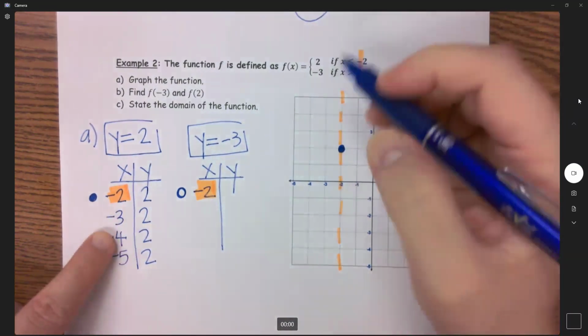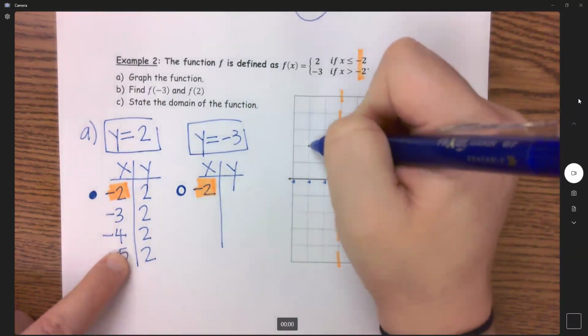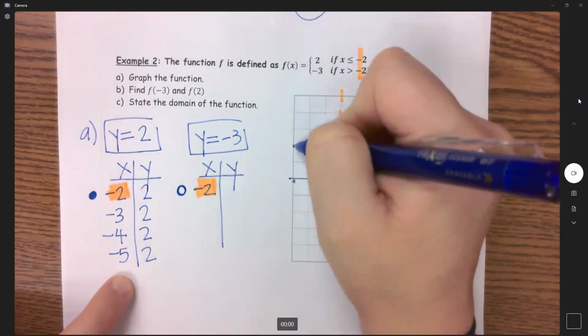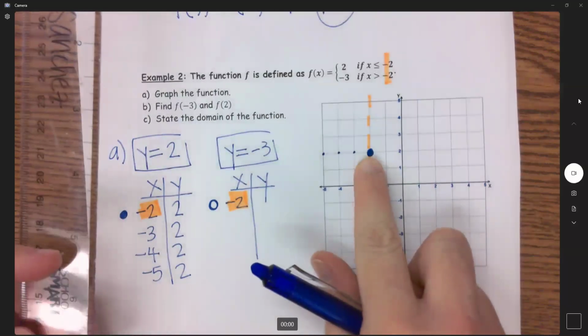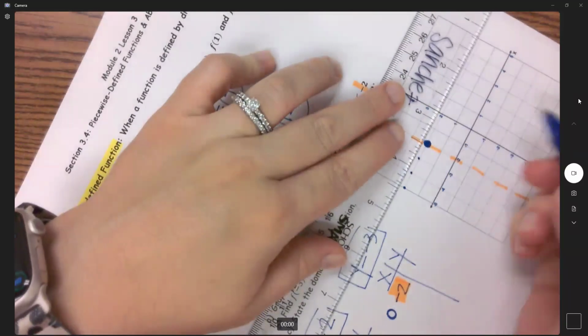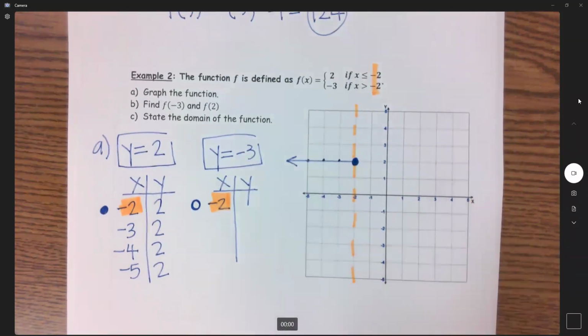So -3, 2, -4, 2, and -5, 2. And if I could find my ruler, we're going to go from that orange point, from our bold point, through the rest of them. So we have an arrow right there.